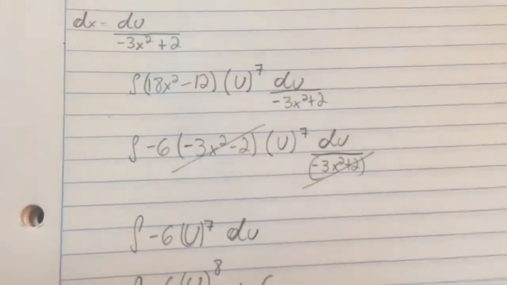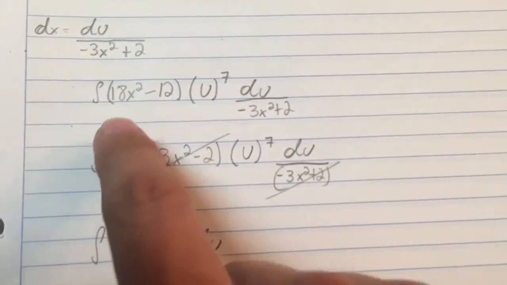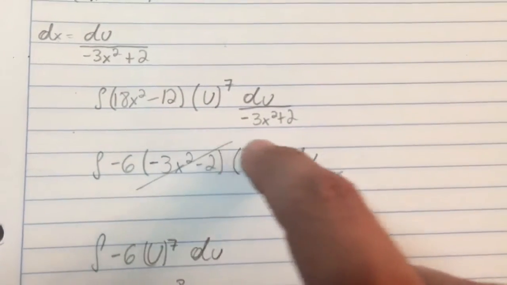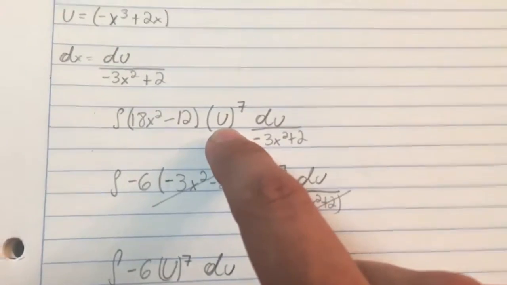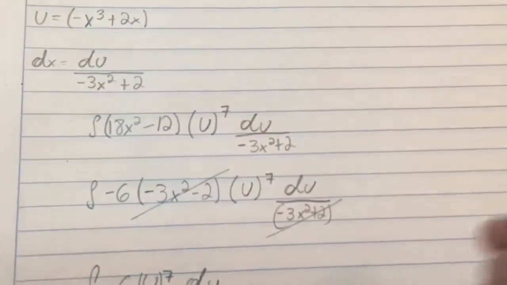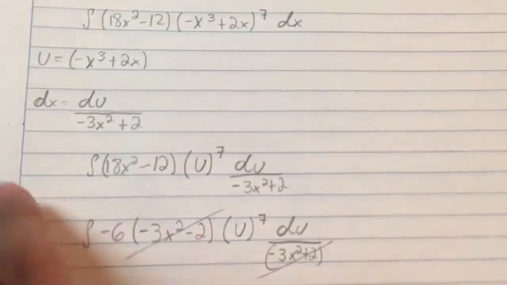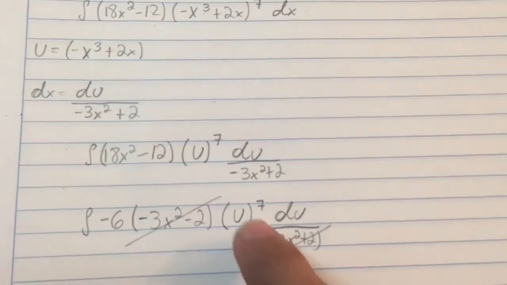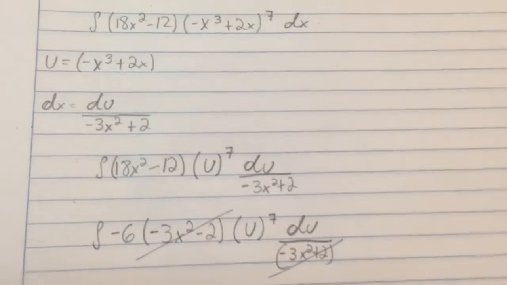So we have the integration of the 18x squared minus 12, this one stays the same, times the u. Now we substitute this binomial with the u to the 7th power, times the dx, and the dx is the du over the negative 3x squared plus 2.